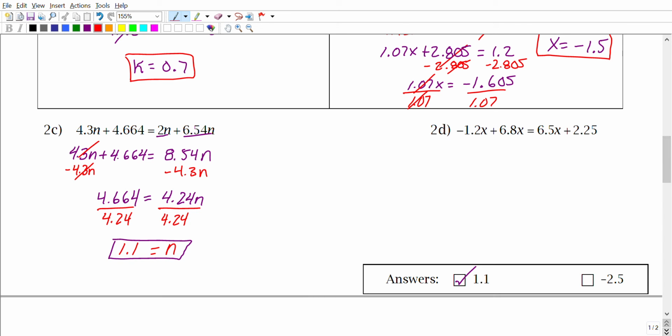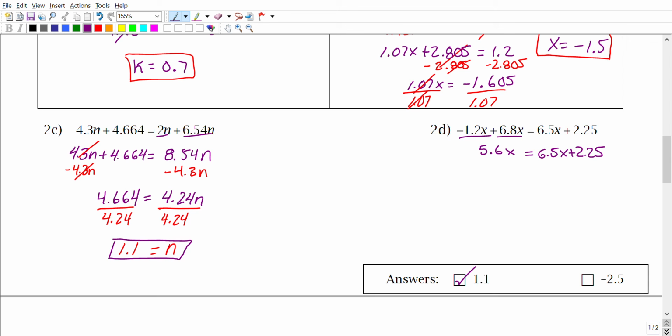So see if we can combine. Right away, I can see I can combine those two. So what do I get? I get 5.6x equals 6.5x plus 2.25.